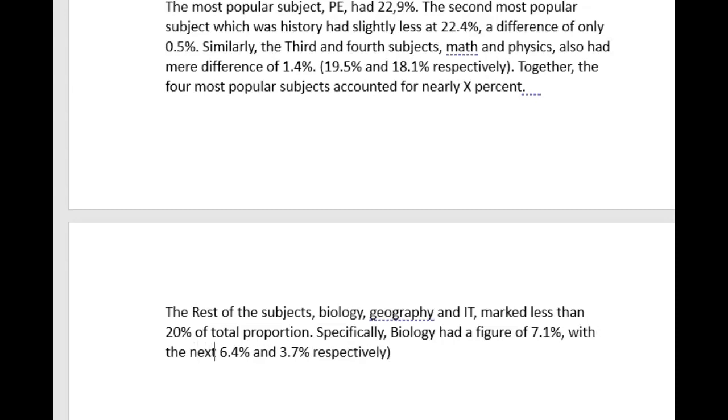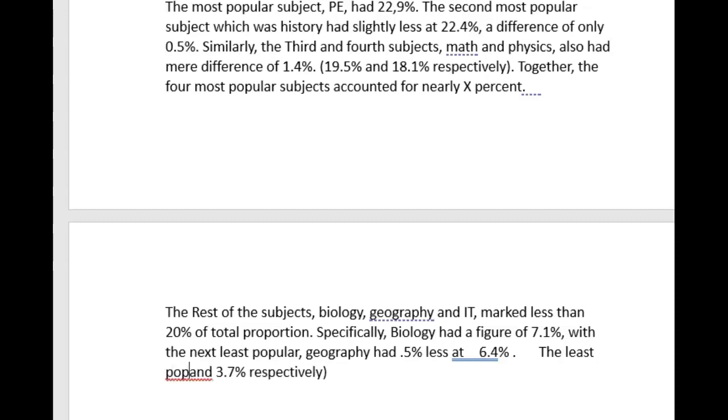The next least popular, I'm assuming it's geography. 1 point, what is it? It's not even, 0.5 less. There we go. 6.4%.